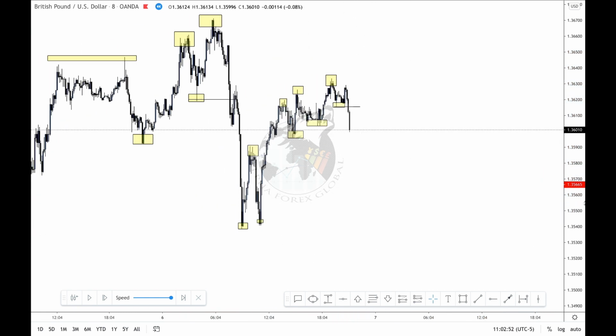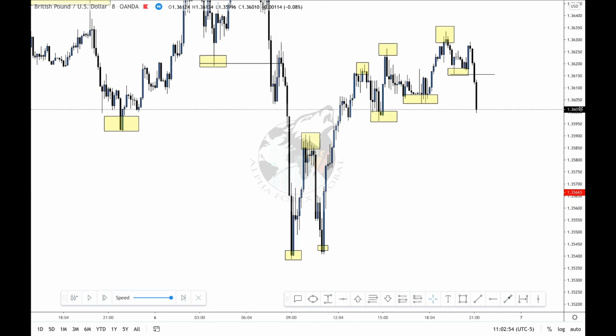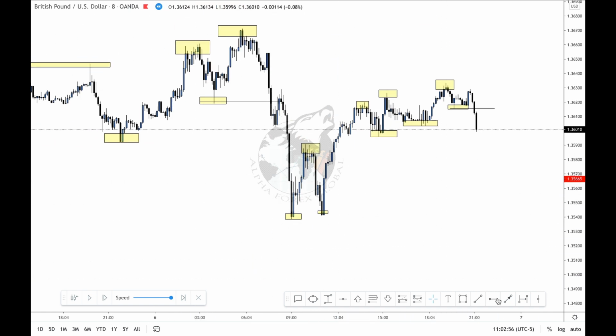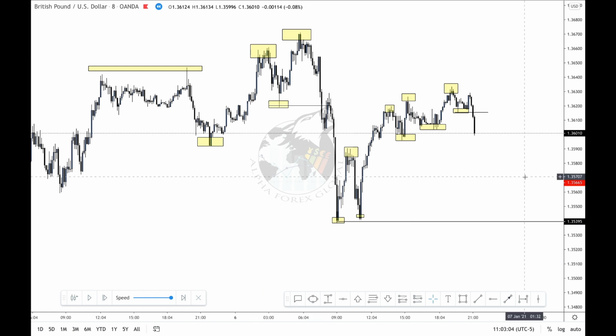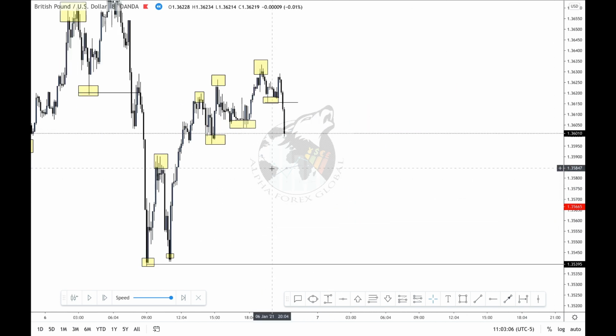If you're actually going to take a trade on this, your first target would be this low right here, because from a lower high the market is supposed to create a new low. So this is our safe spot right here, right?